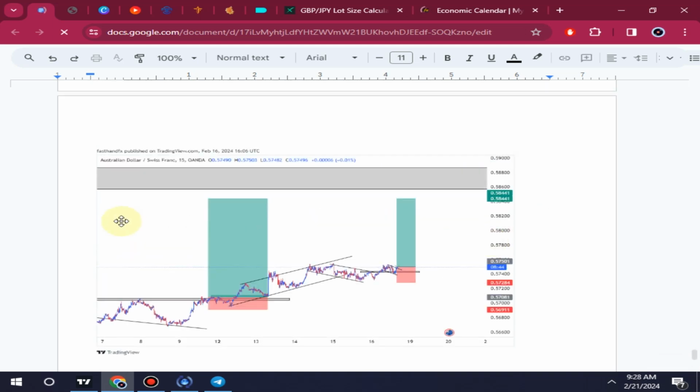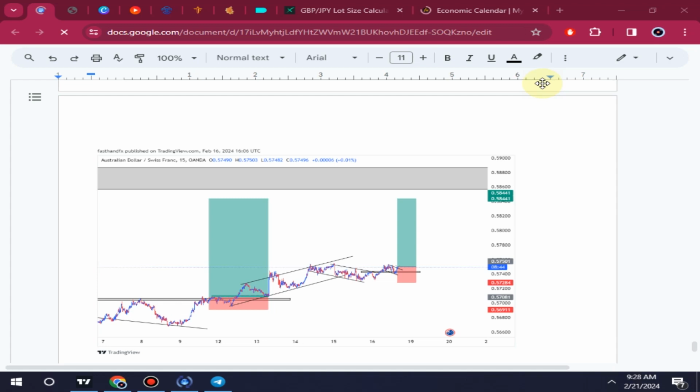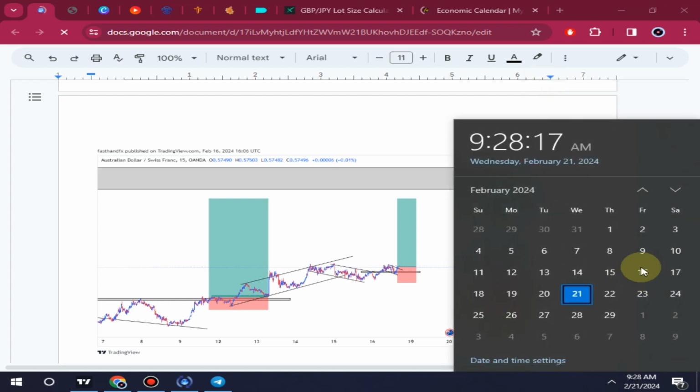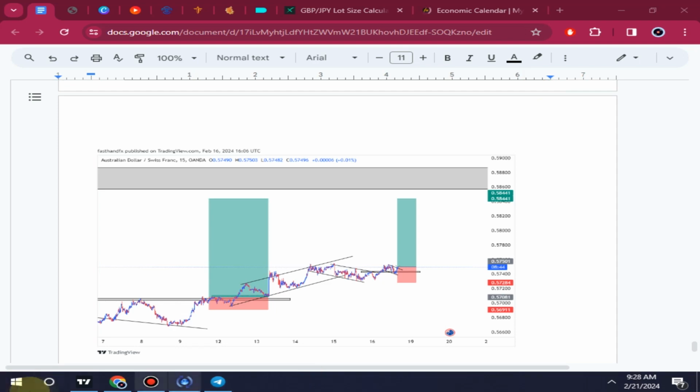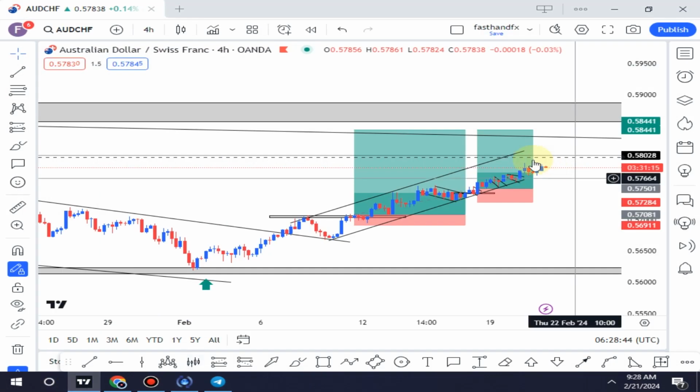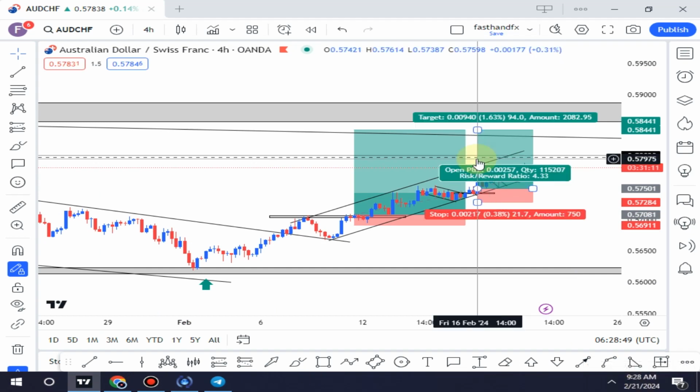You can see, if you zoom, this was on February 16th 2024. When was that? Let me check my calendar just to show you guys that this was an amazing thing. February 16th was Friday. And you can see right now how the market is looking like an amazing trade. And today is February 21st.